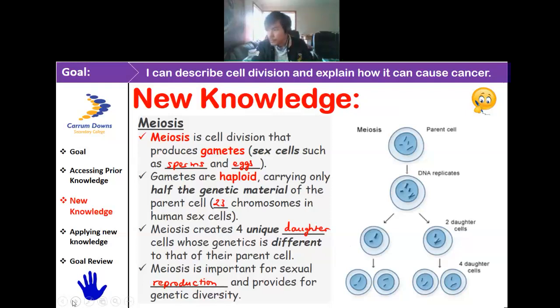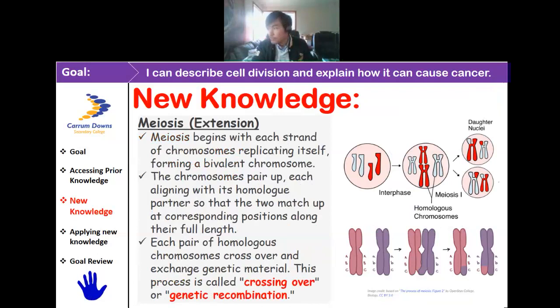You are you. And again, there's some more extension reading if you are interested in meiosis. If you think that, hey, next year I'm going to go into biology, or if you're really focused on going to university and becoming a doctor, then I would recommend reading this extension reading.